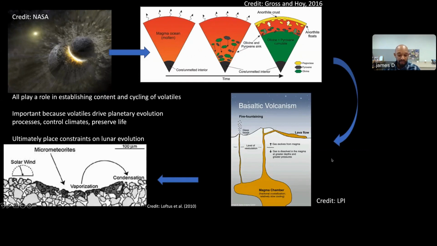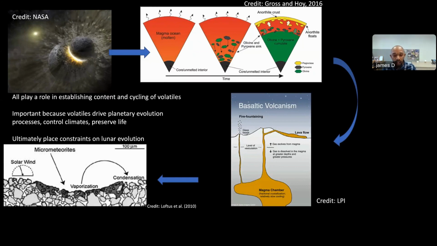As many of us are aware, there are about four main stages of lunar evolution. It starts off with the giant moon-forming impact, and then the moon goes into differentiation into a core, mantle, and crust. There's also the mantle overturn event.